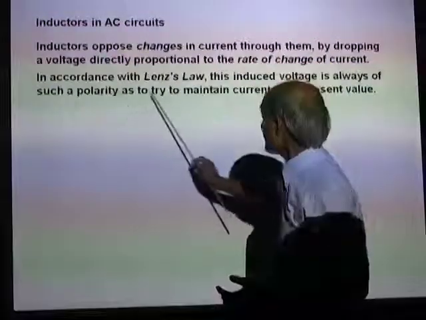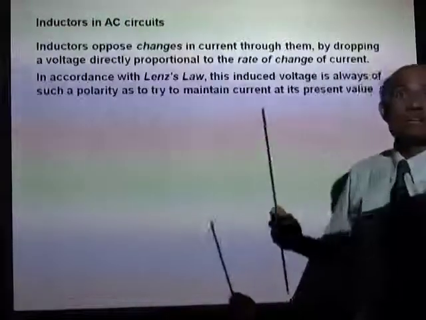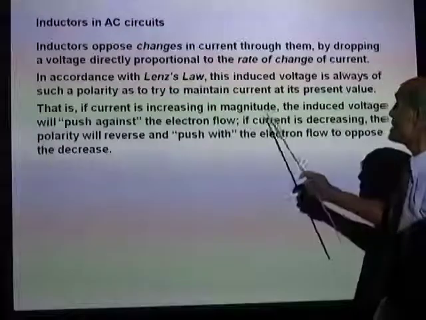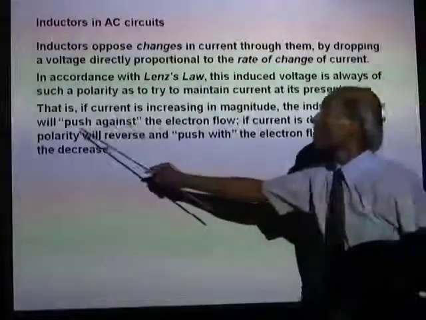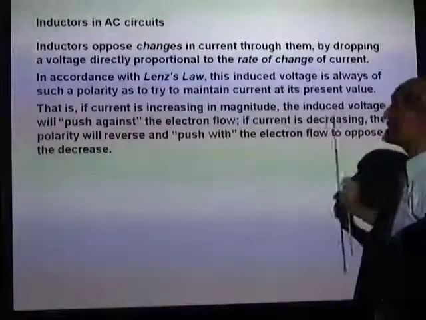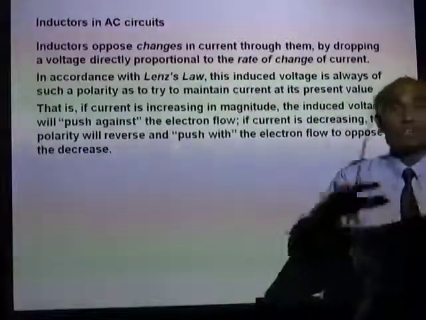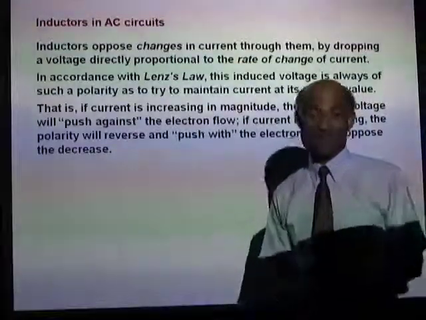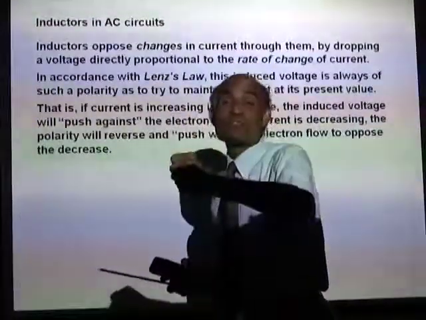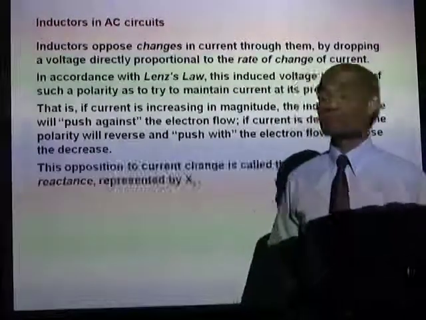Therefore, the tendency is always to maintain the current at the present value. If the current is increasing in magnitude, the induced voltage will push against the electron flow. If the current is decreasing, the polarity will reverse and push with the electrons to oppose the decrease. So an increasing current will be opposed by the induced voltage, and a decreasing current also will be opposed.